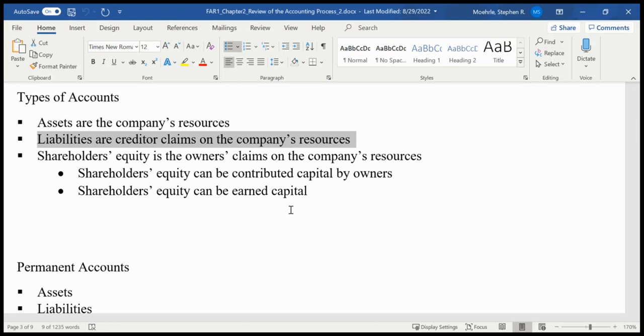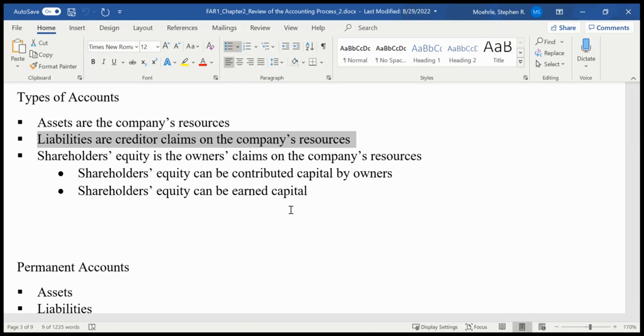And the shareholders' equity accounts we divide into two types: accounts representing amounts that were contributed capital by owners, and accounts that represent earned capital.